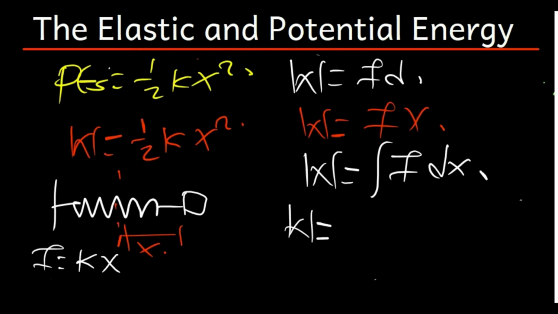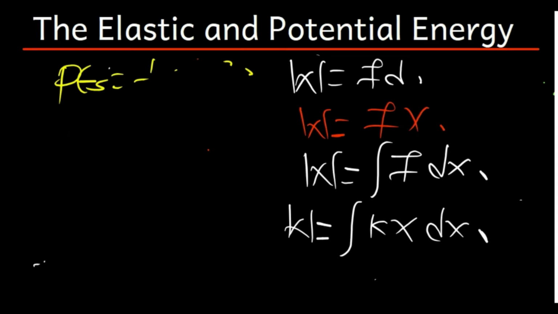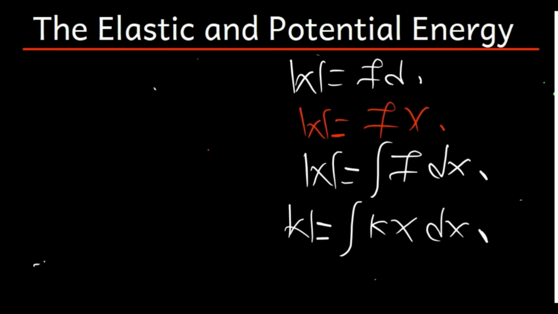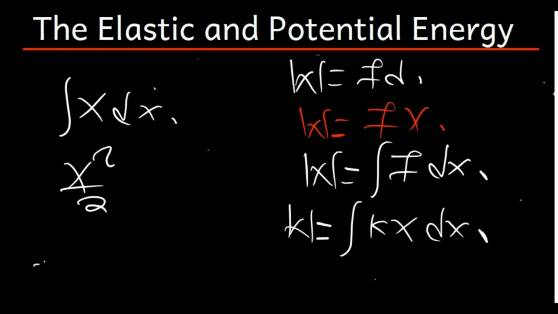So work will be equal to the integral of kx dx. Now I can integrate this. Whenever we are trying to integrate something, let's say we have the integral of 4x dx, this is going to give us 4x squared over 2 plus c, which is the same as 2x squared plus c. Let's say we have just x: the integral of x dx is going to give us x squared over 2 plus c.